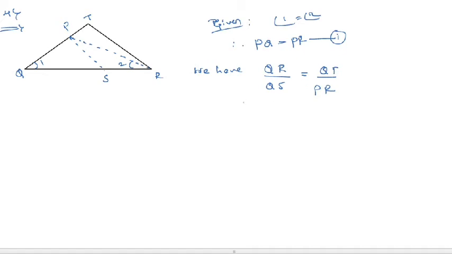Using equation 1, QR by QS is equal to QT by PQ. Call this equation number 2.